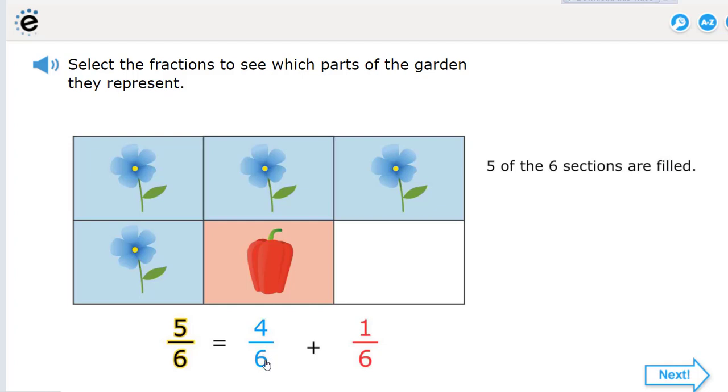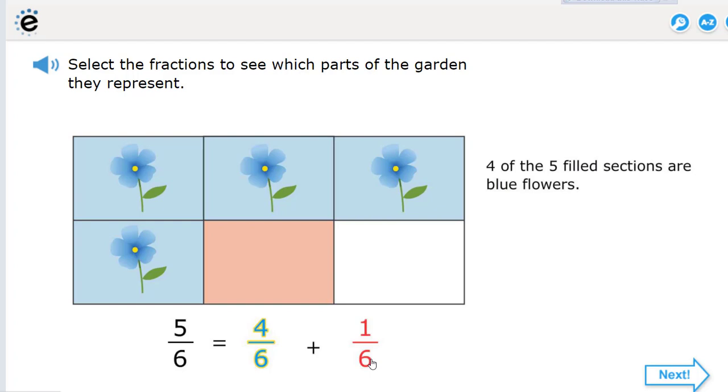The area planted with flowers. 4 of the 5 filled sections are blue flowers. And what is the 1/6?